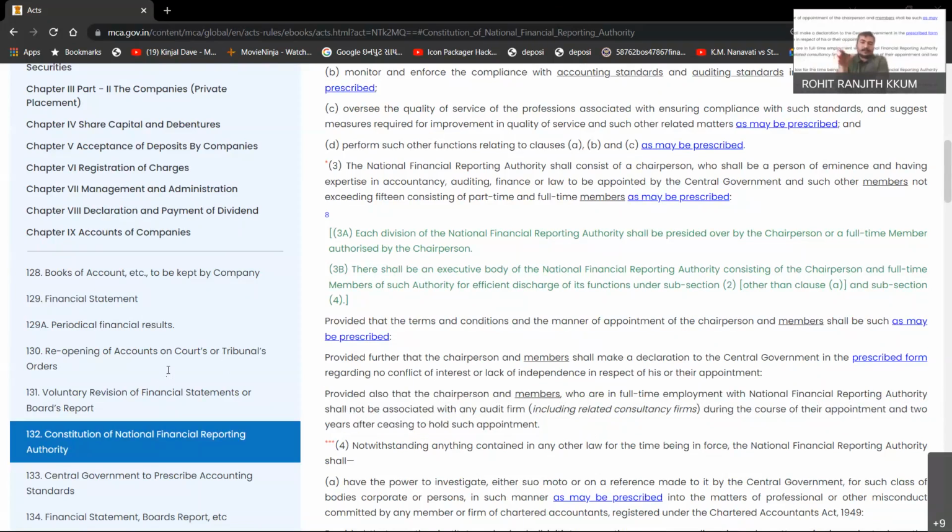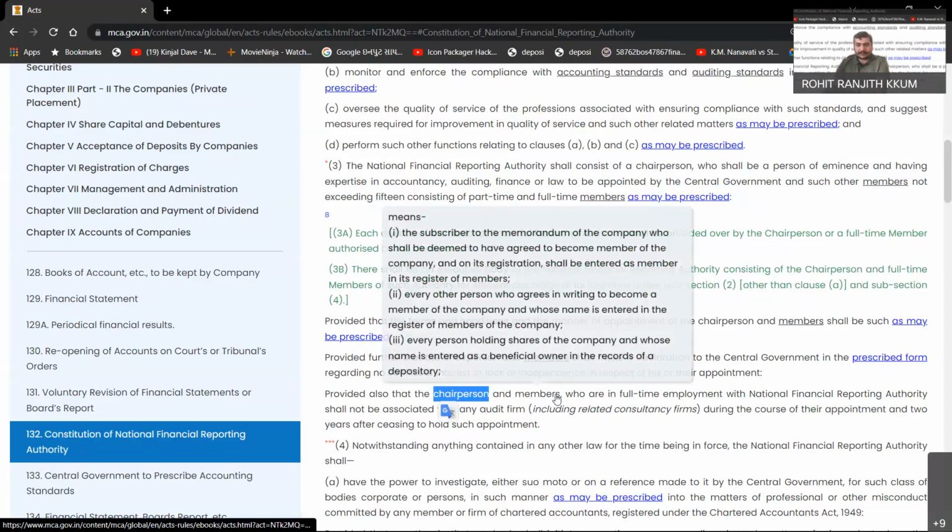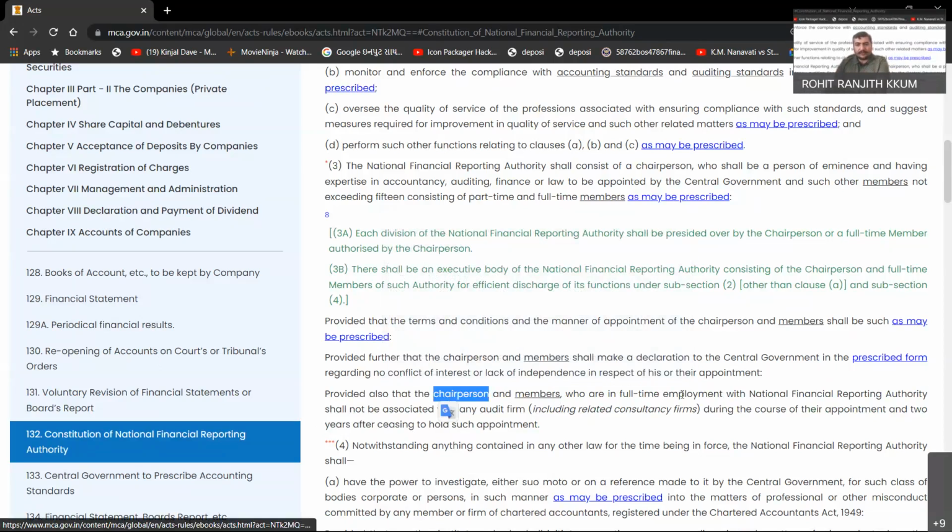Okay, you tell me, let's say Mahima is working as a full-time employee in NFRA, can she be a partner in any other chartered accountancy firm, either as consultant or as partner? What is your answer, all of you? The answer would be no. Clearly, this paragraph says that any chairperson or members who are in full-time employment, not a part-time member, with NFRA, shall not be associated.